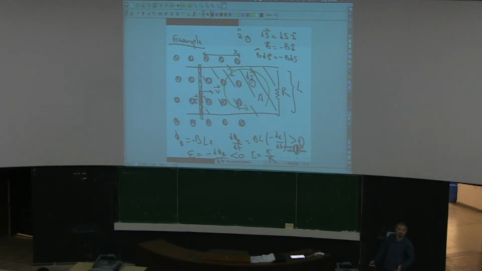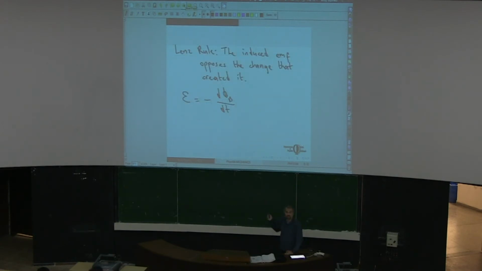So the flux will still be changing, and if the flux is changing, we will still get an EMF. So this law is still valid, whether we are in a reference frame in which the rod is moving, or in a reference frame in which the rod is at rest.